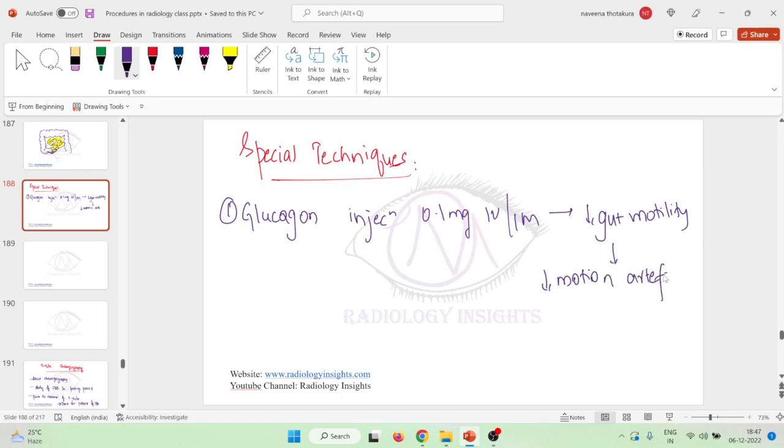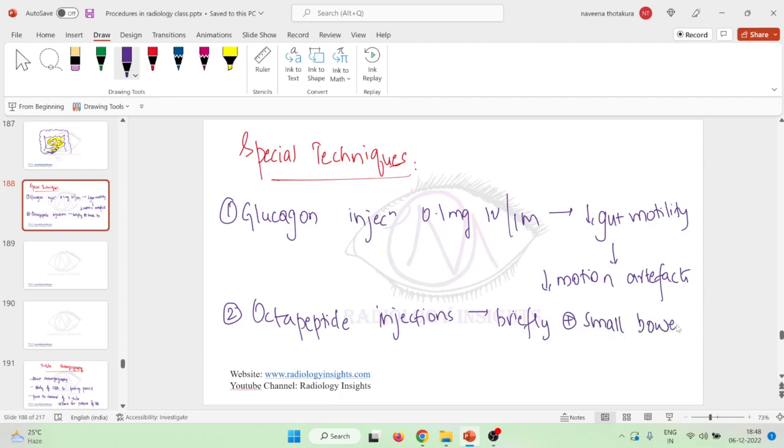Then octapeptide injections can also be given. These briefly stimulate the small bowel peristalsis.